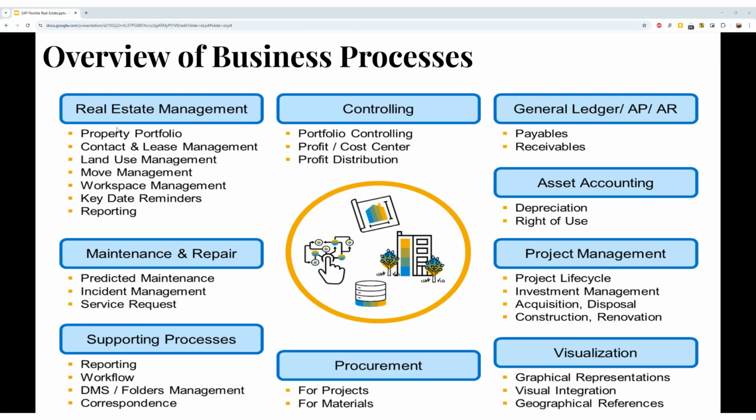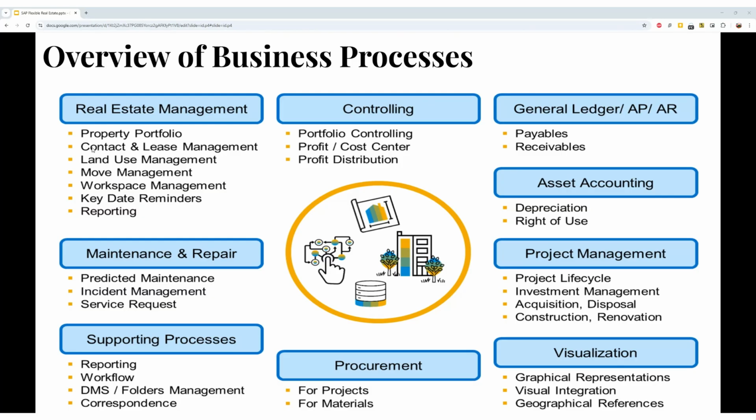So, as you can see, SAP REFX is very well integrated with the property portfolio. So, within one property portfolio, how many construction projects are going on or in progress or to be planned, right?